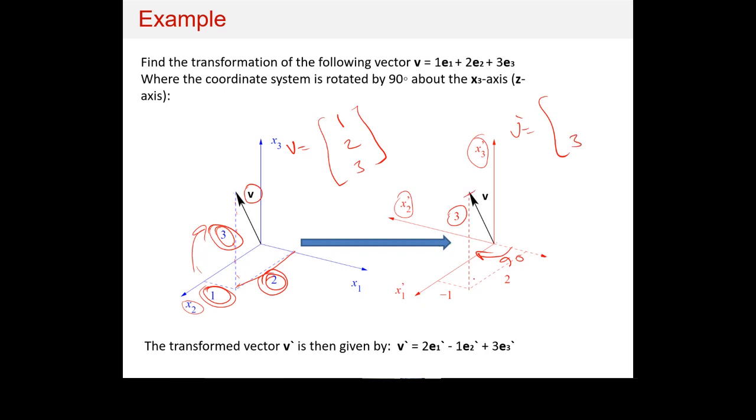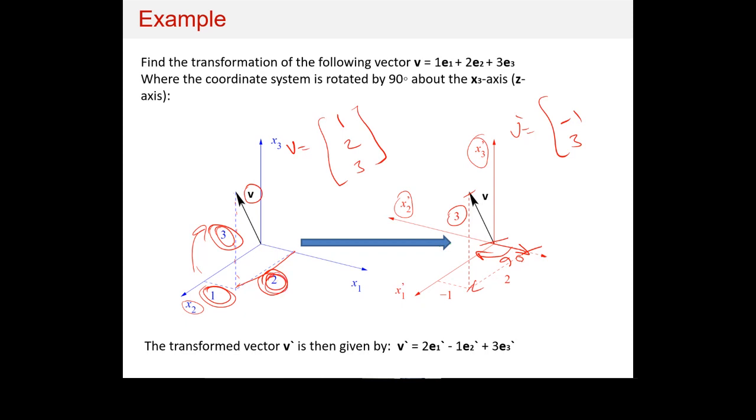This length would still be the projection in the x3 direction. If you look into the x2 direction, this is the length in the x2 direction. It is now pointing in the negative direction, opposite to the x2 direction, and the length is 1, so it is negative 1. And if you look into the x1 direction, it is pointing in the positive direction, and the length is 2.